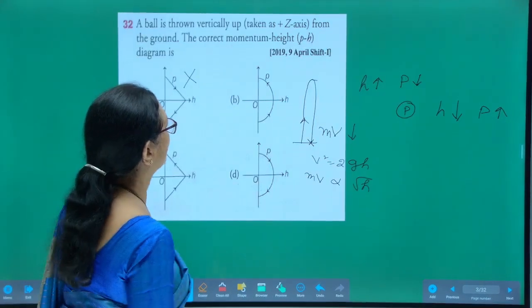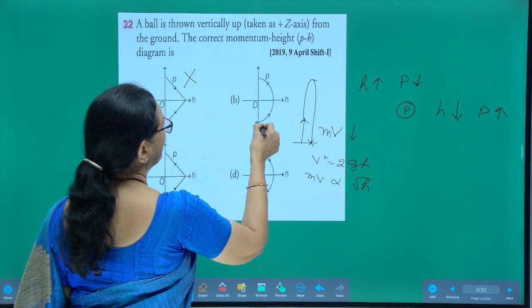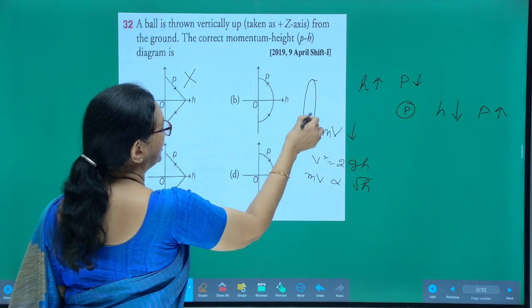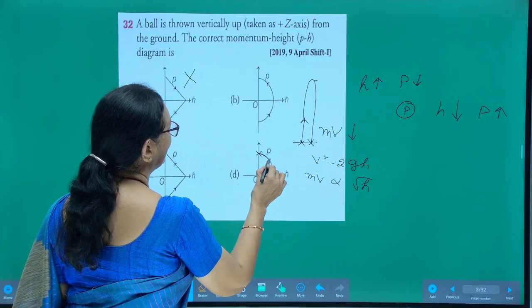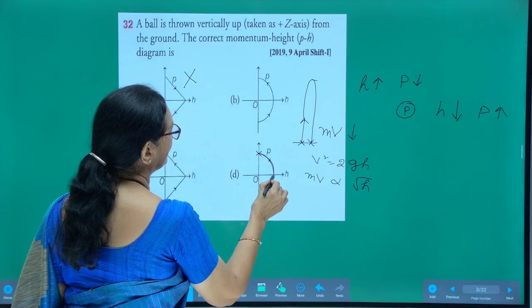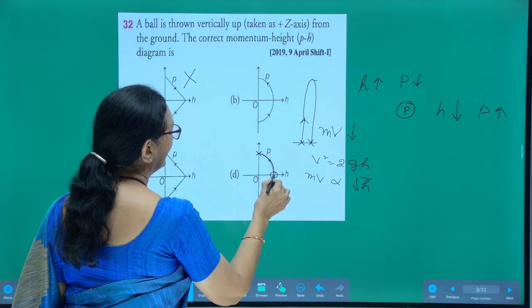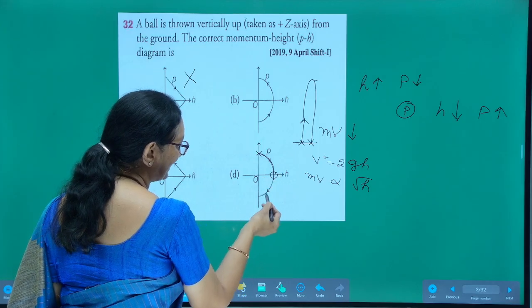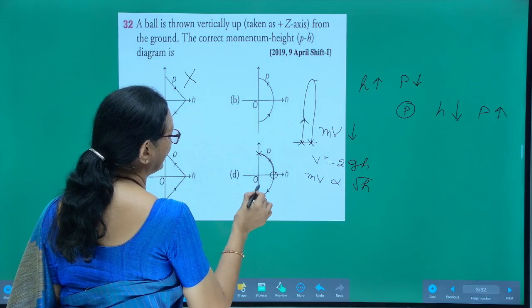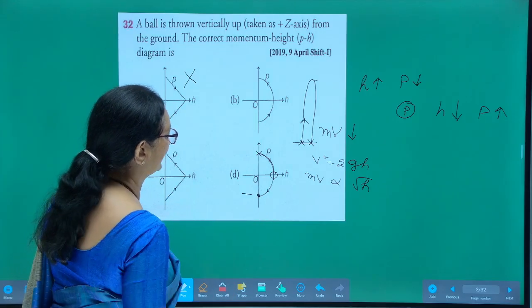And coming to this, very obviously initially momentum is maximum. It decreases as height increases, becomes 0, then as it falls down, height decreases and momentum increases, but in the opposite direction.